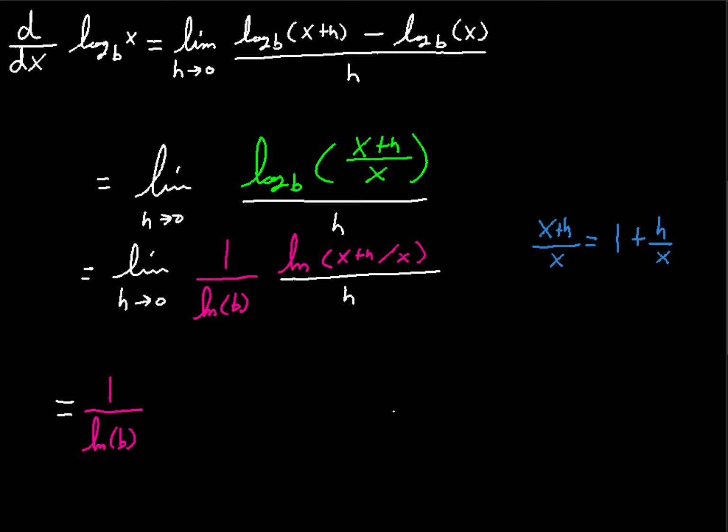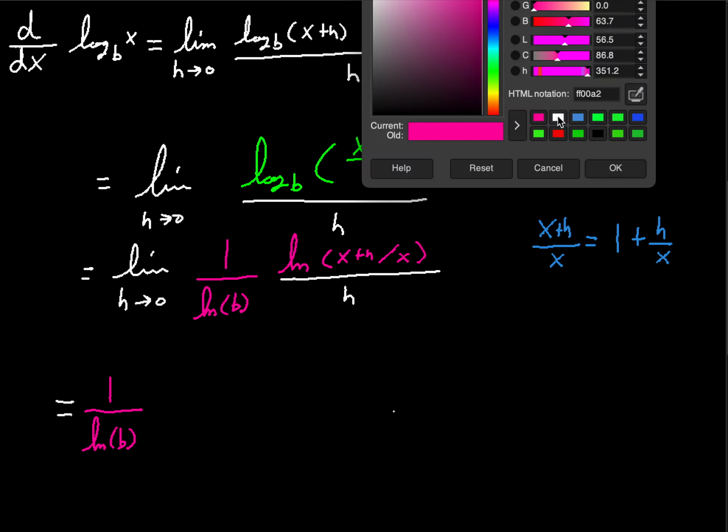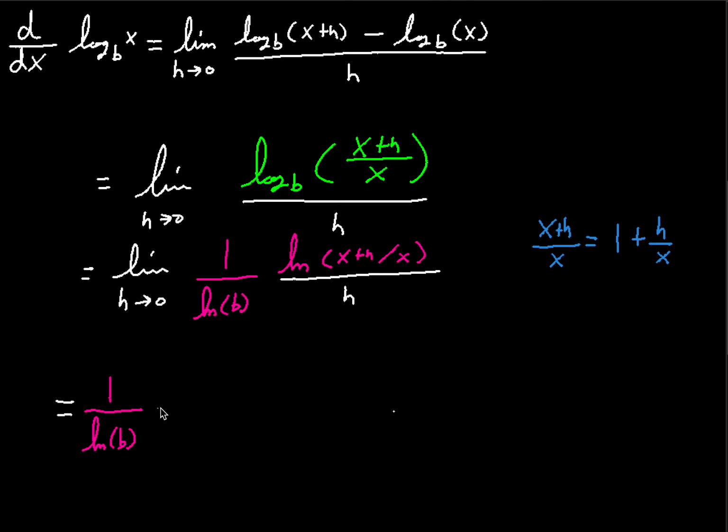It's just a constant. By our limit properties, I can pull that out and get it out of my way for a moment. Fine. I still have this natural log, though.